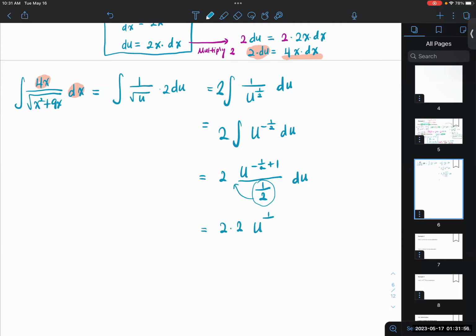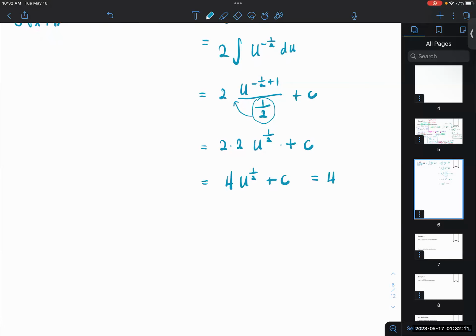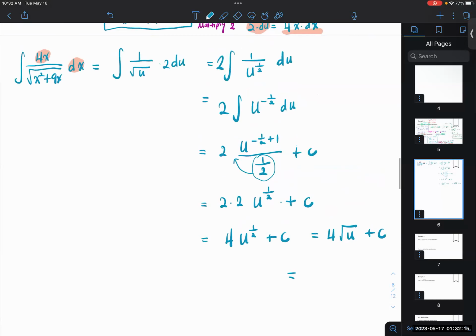And u to the 1/2, and we have a plus c. There's no more du because we have a plus c. And u to the 1/2 means radical u plus c. If you want to, you can go back to the x variable: 4 times the radical of x² + 9, plus c. That's your answer in terms of the x variable.